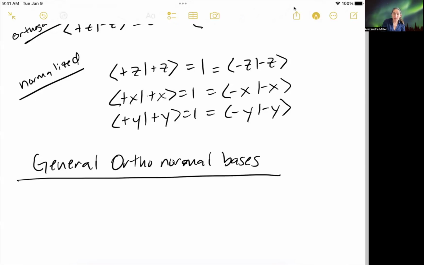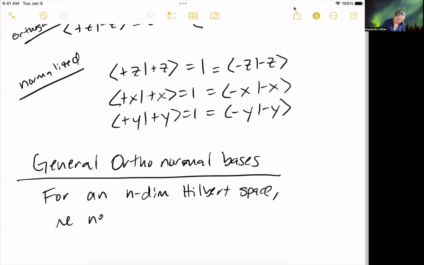So again, for an n-dimensional Hilbert space, we need n orthonormal basis vectors.